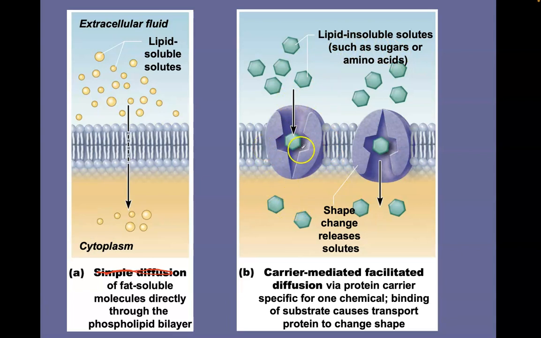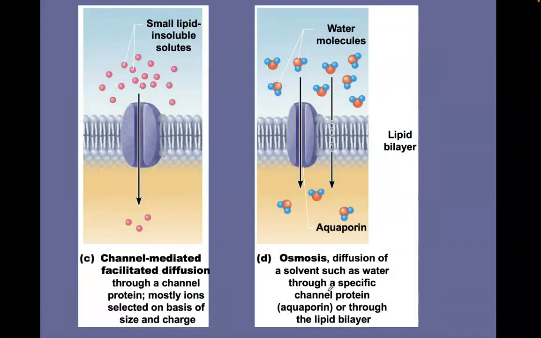It binds to one of these protein carriers, changes the shape, and is released to the other side via carrier-mediated facilitated diffusion. So it's just a protein carrier that's mediating, facilitating that diffusion, if that helps you remember it.